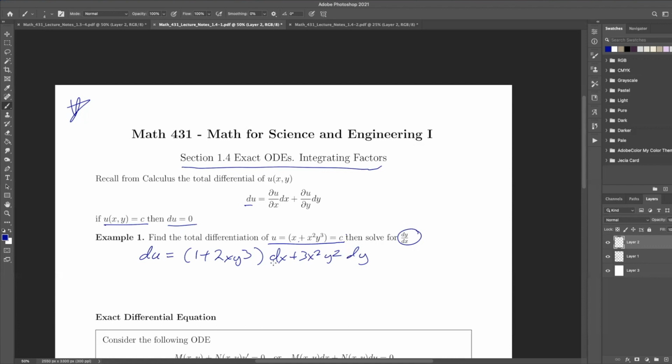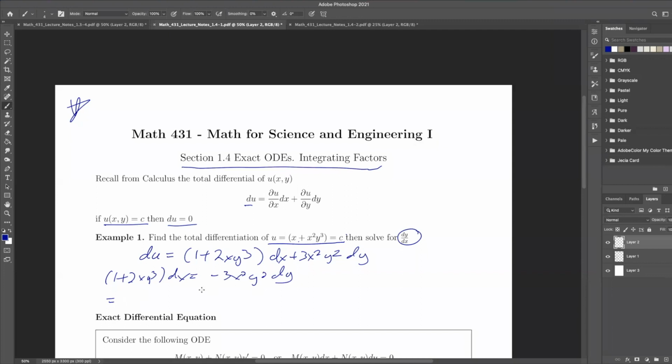Let's go ahead and do that. Let me see if I can do this correctly and not skip steps for you guys. Move one side over and then divide.